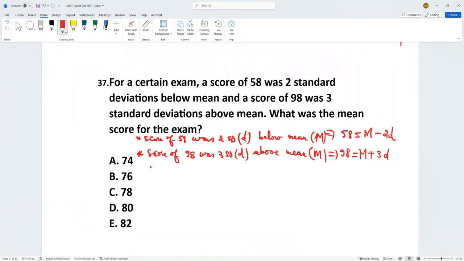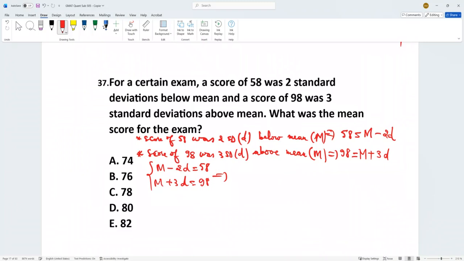This gives us a system of equations: M minus 2D equals 58, and M plus 3D equals 98.